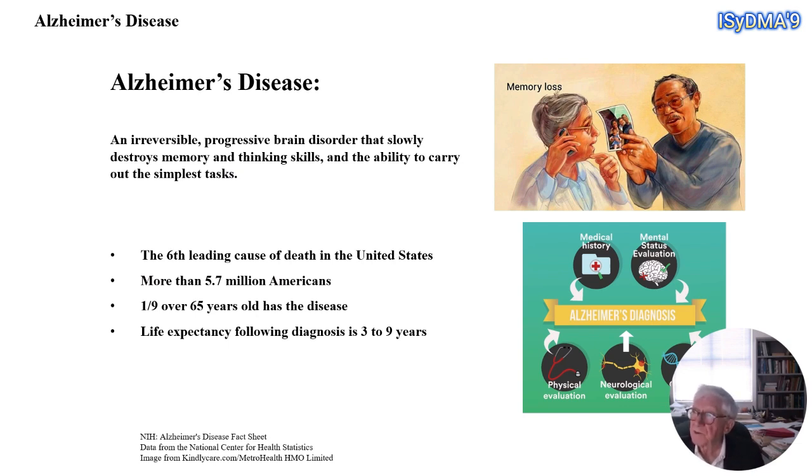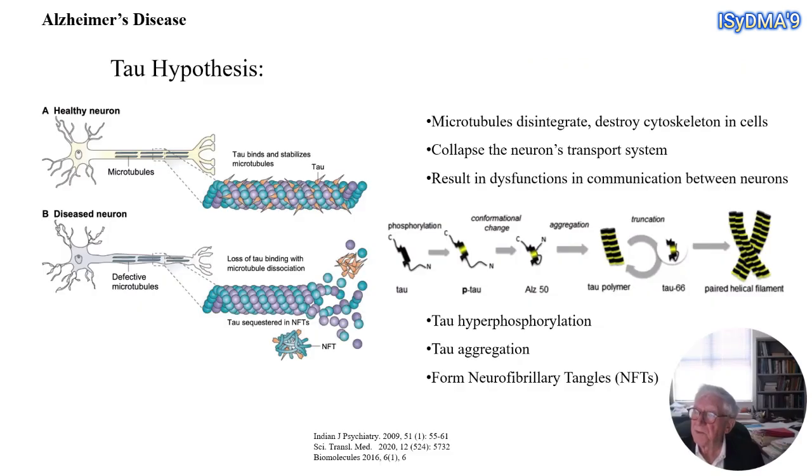So the next slide will show you how the tau hypothesis is important. When we look at the neuron itself, that's typically the neuron, and the one that is diseased, what we call the diseased neuron, is the one where tau is no longer bound to the microtubule.